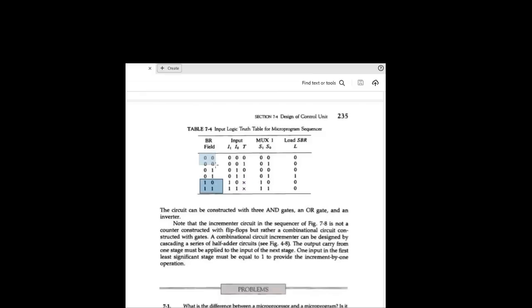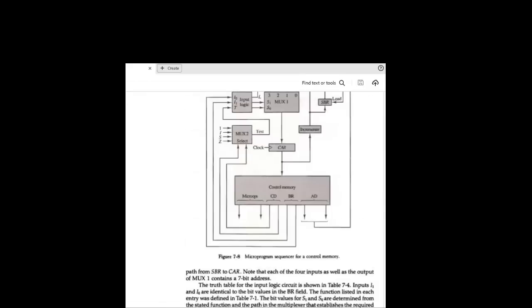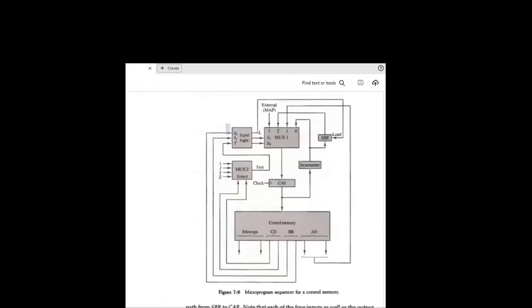But jump and call will only take place if the condition is true. So here this input logic has three values, I1, I0 and T. Recall the figure. I told you that depending upon this input logic I1, I0 and T, a particular input would be selected by the selection lines and the load of SBR would be decided.